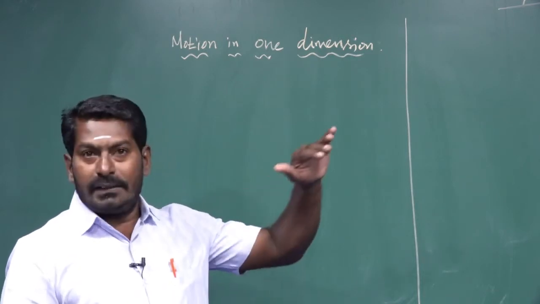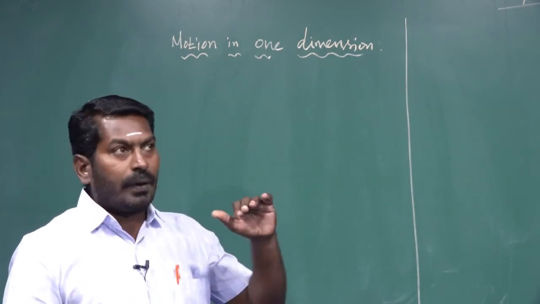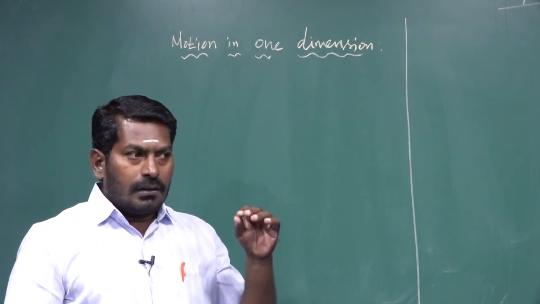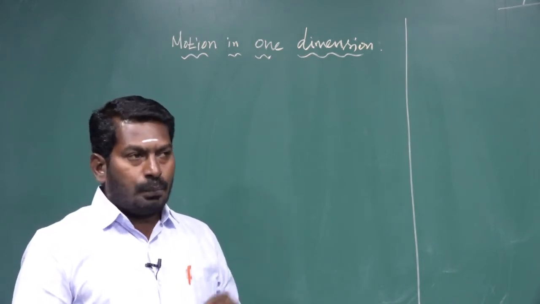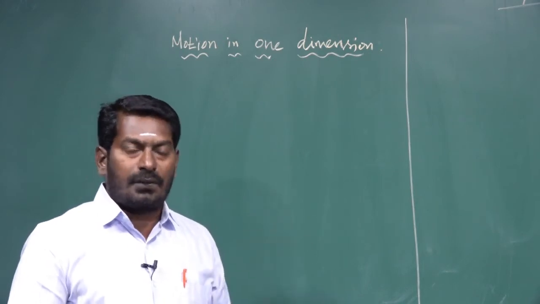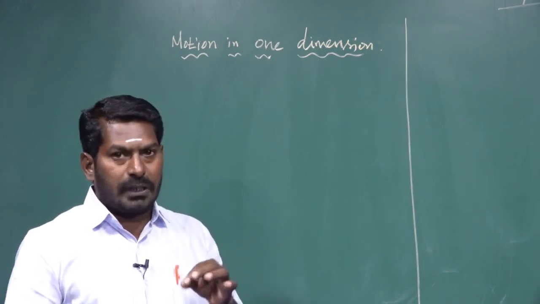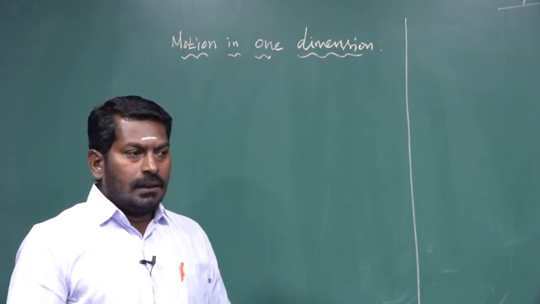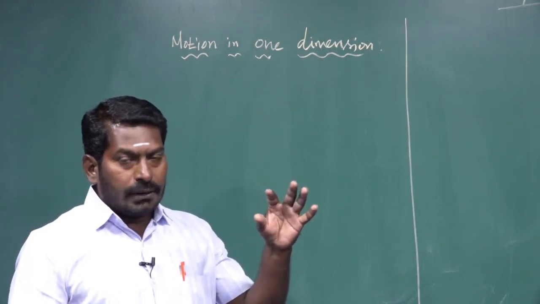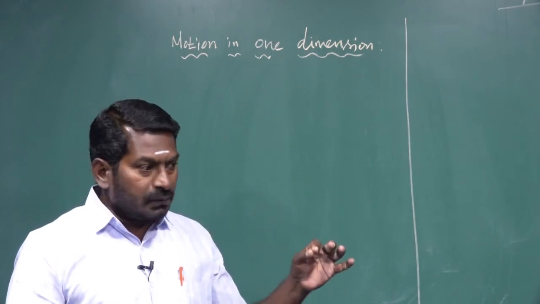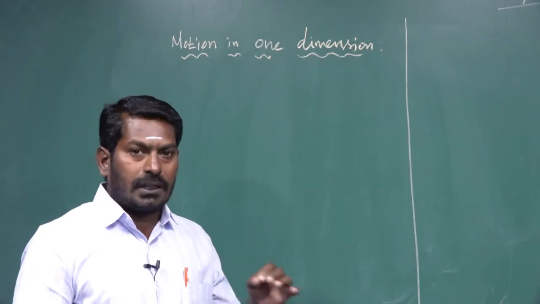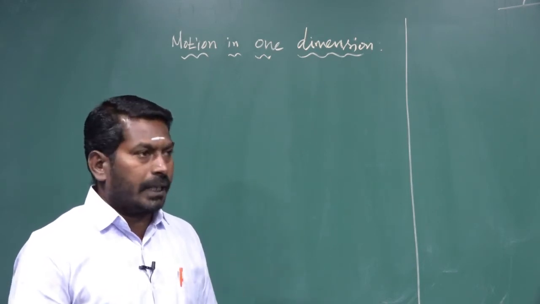For example, if a bird is flying in the sky, during its motion the position of the bird at any instant of time can be described with the help of three coordinate axes. The x coordinate varies with respect to time, the y coordinate varies with respect to time, and the z coordinate also varies with respect to time.